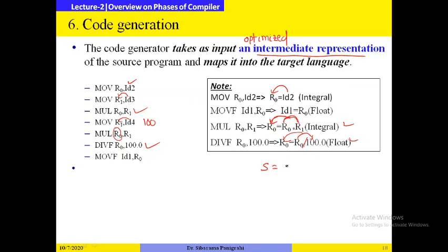We have taken SI equal to P into T into R by 100. So first we have computed this much, and basically after code optimization 100 becomes 100.0. Then we transfer this into SI, which is nothing but ID1. So R0 will be transferred to ID1. So this is how we have generated the code.